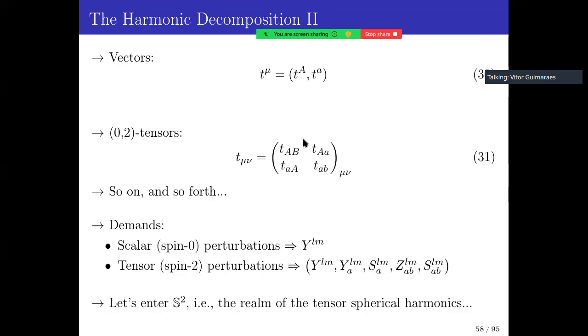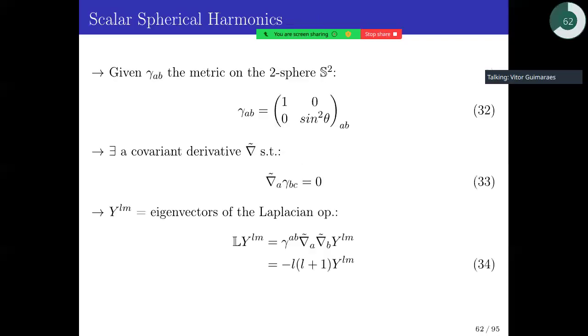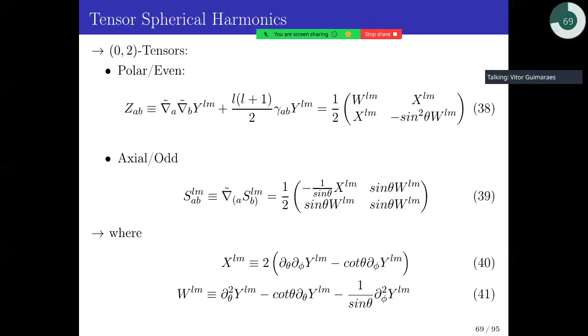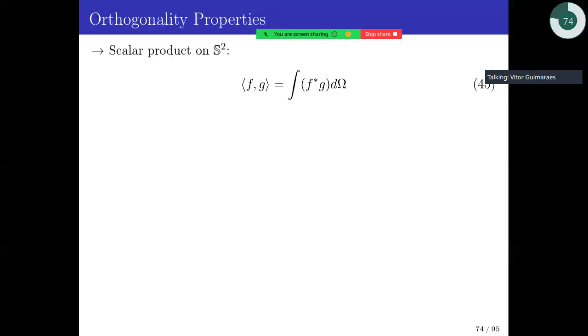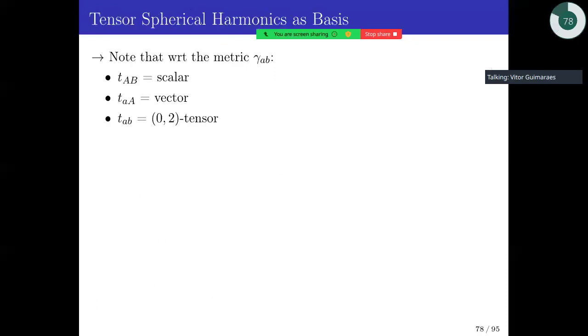Remember that this doesn't have any functions of theta phi, right? And here we don't have any functions in T and R, right? And here we have mixed functions. Which means basically that with respect to transformations in the two-sphere, i.e. rotations, this 0-2 tensor is not a tensor with respect to the two-sphere, right?